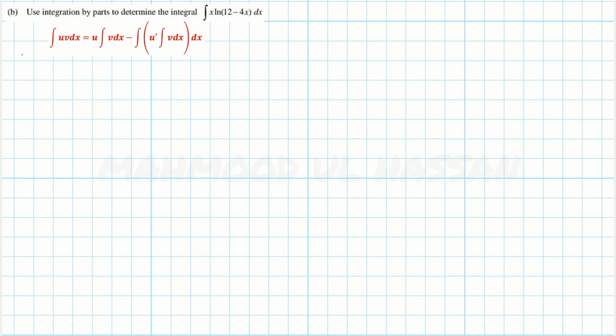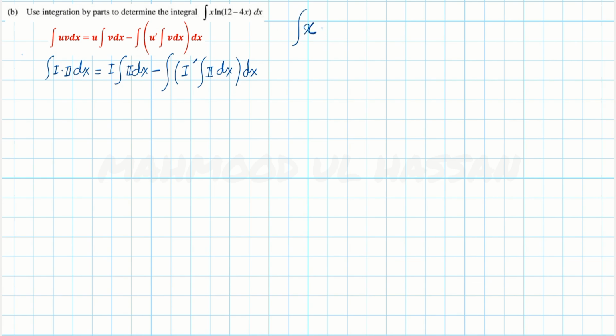This rule can also be written as: the integral of first function times second function is equal to first times integral of the second, minus the integral of the derivative of first times the integral of the second.